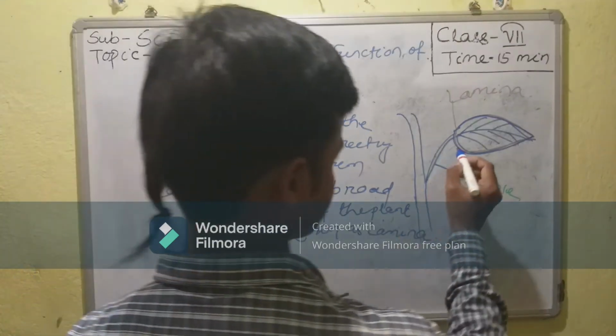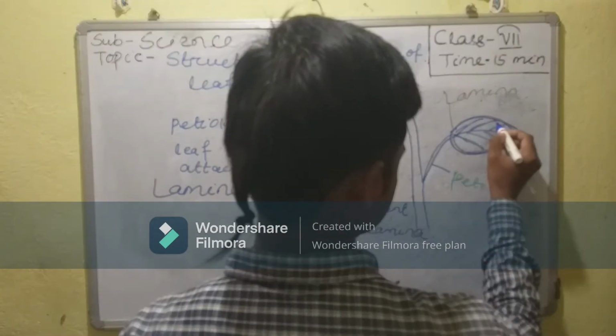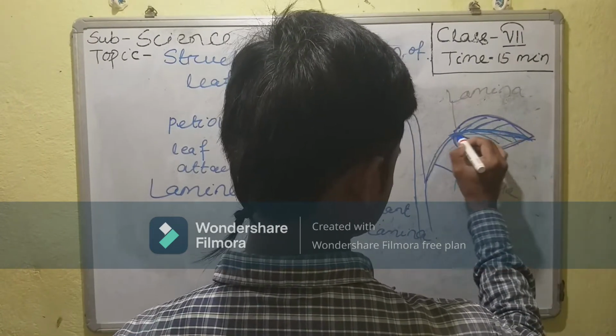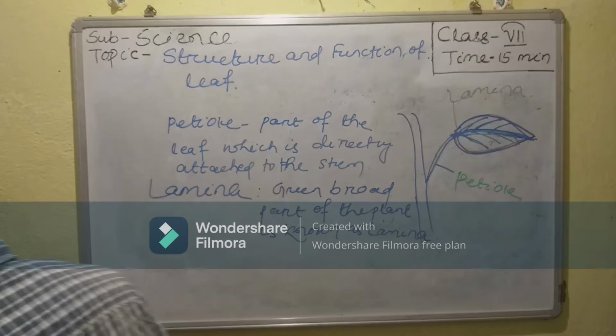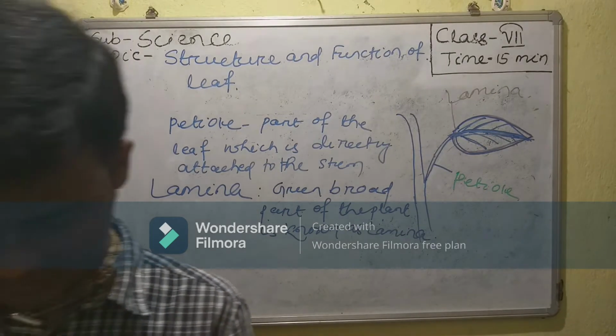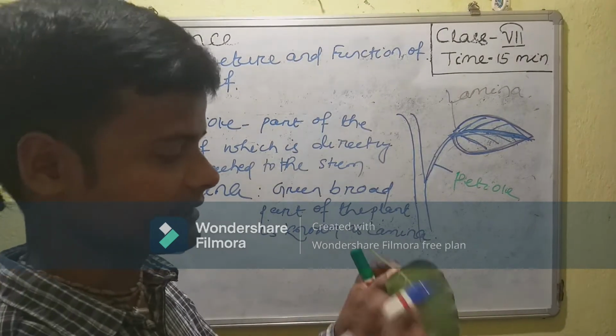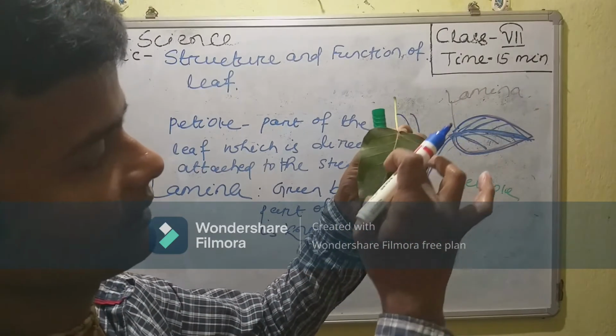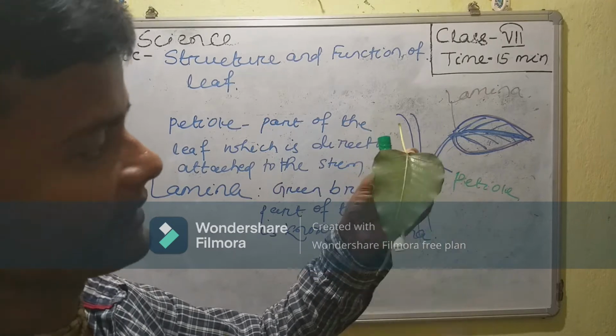Then comes veins. These are the veins. First we will see the midrib, right? This is known as midrib. A prominent line in the middle of the leaf, this one is known as midrib.